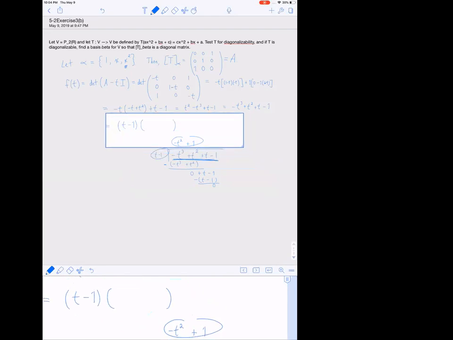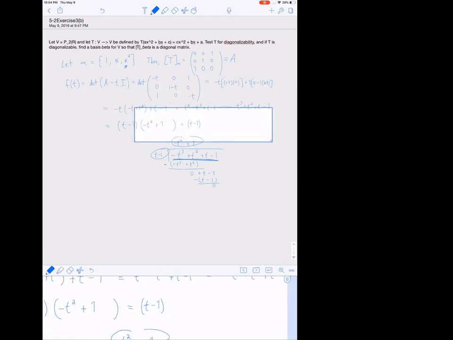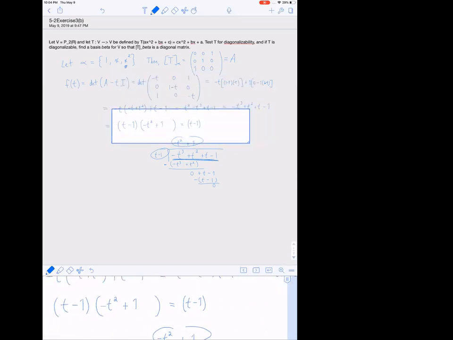So it is the case that this polynomial times that polynomial equals this cubic polynomial we started with. So t minus 1 times minus t squared plus 1 is equal to the polynomial we started with. And then that's a difference of squares. So we get the same factored form that we had when we tried to calculate this determinant along a different column. We get a t minus 1, and then a 1 minus t, and then a 1 plus t.